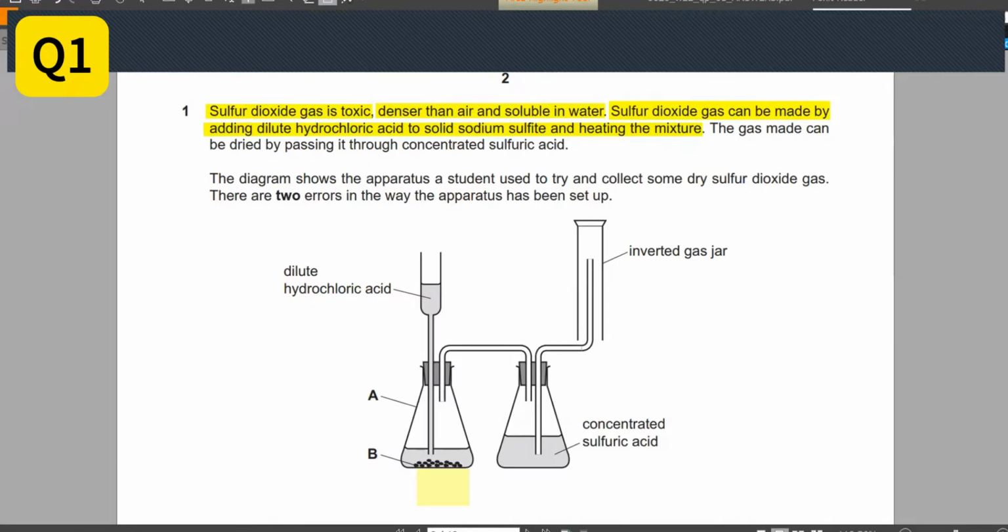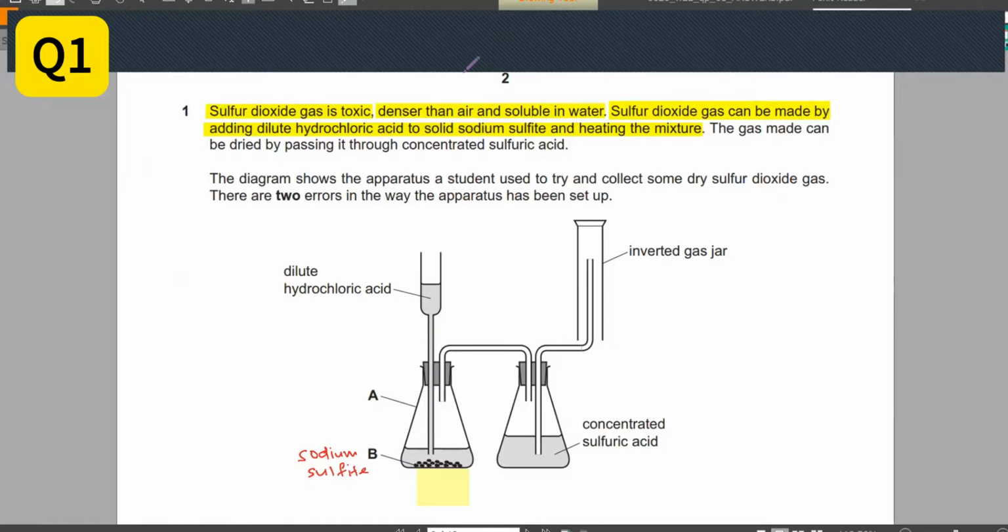So essentially we have sodium sulfide here, the solid. And then we have hydrochloric acid. So when we mix them together, it will produce the sulfur dioxide gas.